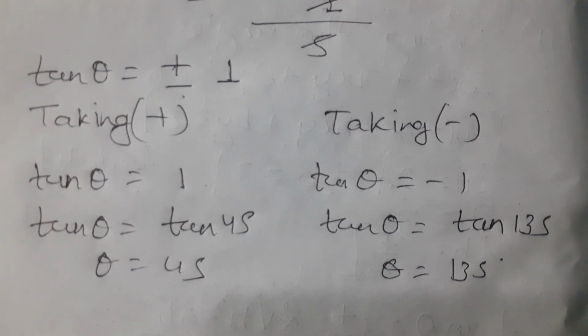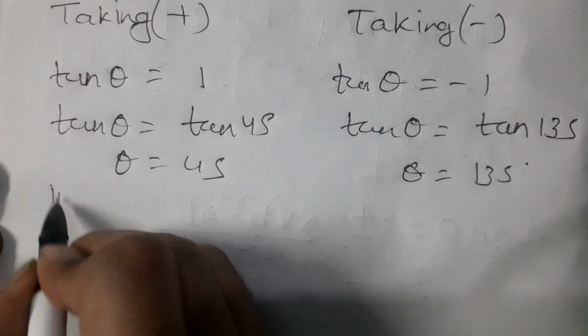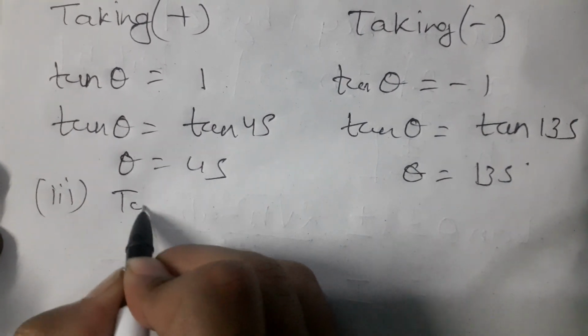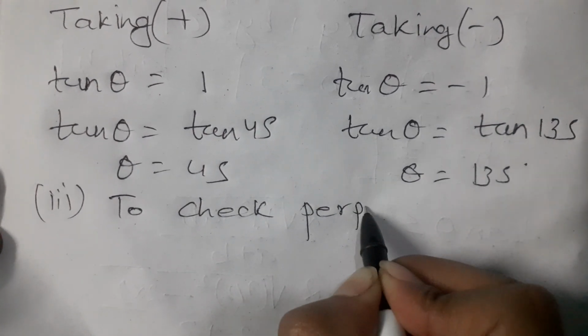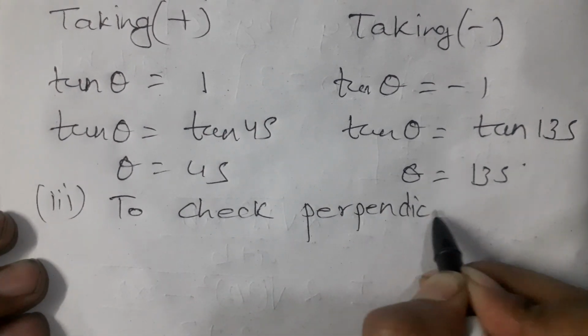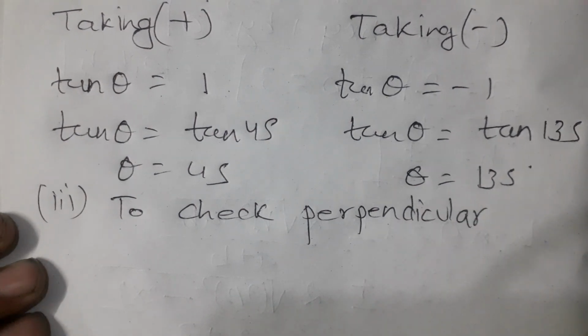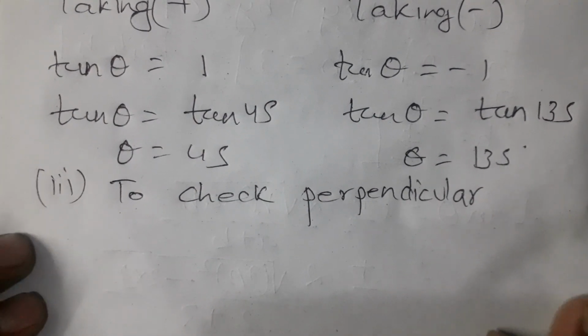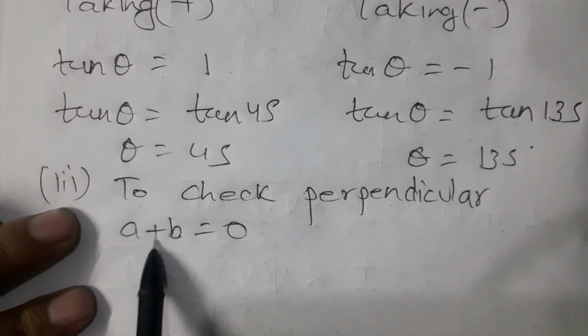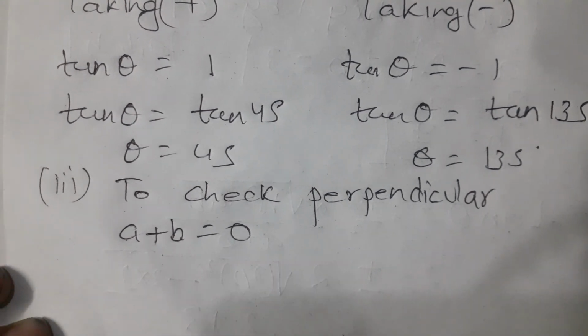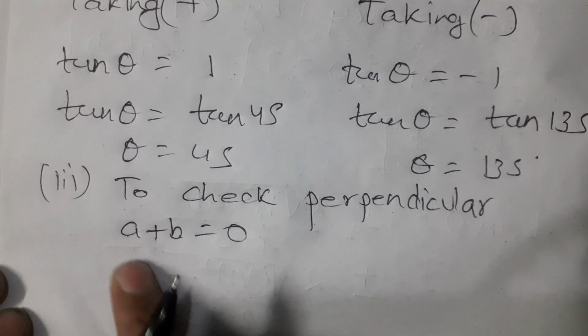All right. Okay, now our third question, to check perpendicular. To check whether the equations are perpendicular or not, you have to check one condition, and that is a plus b equals 0. So if this condition is satisfied, then they are perpendicular, and if this is not satisfied, it's not perpendicular.